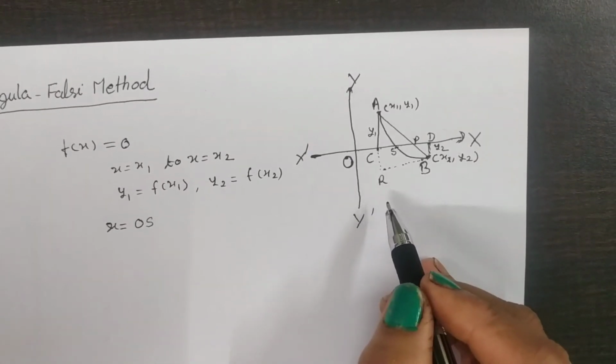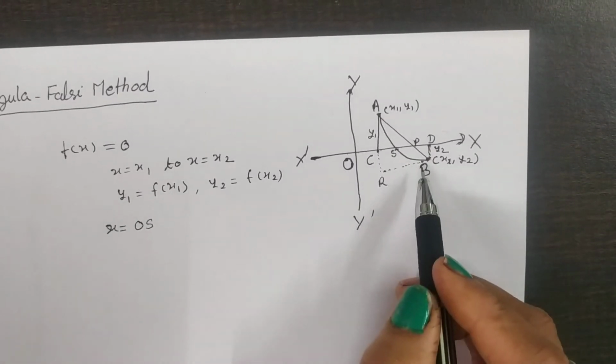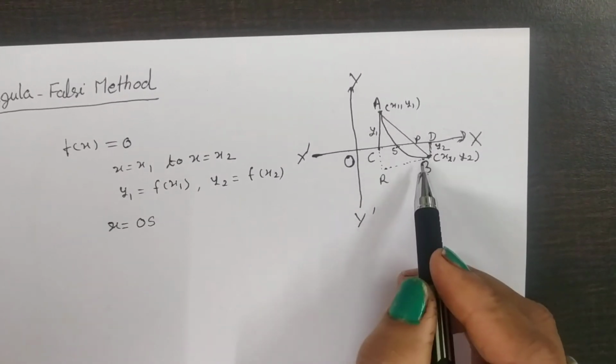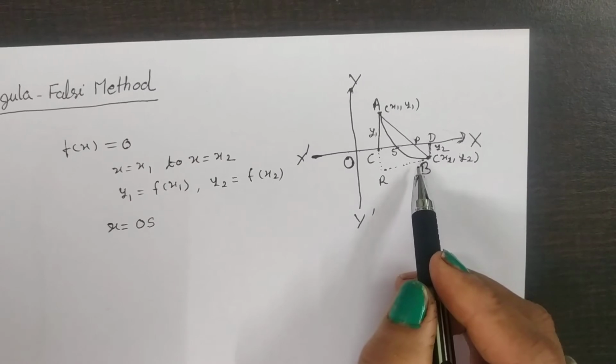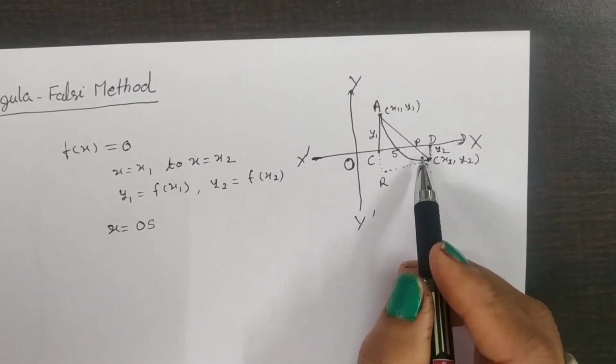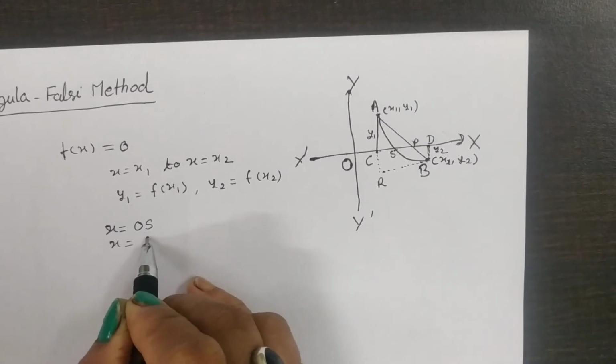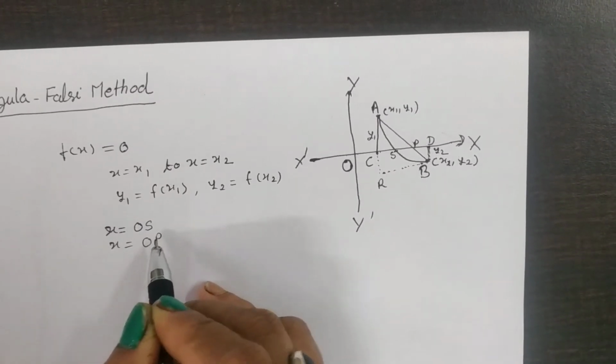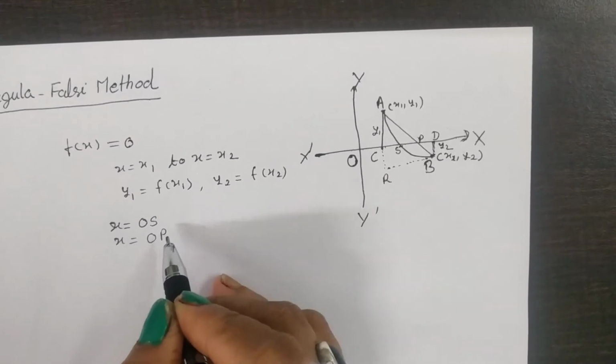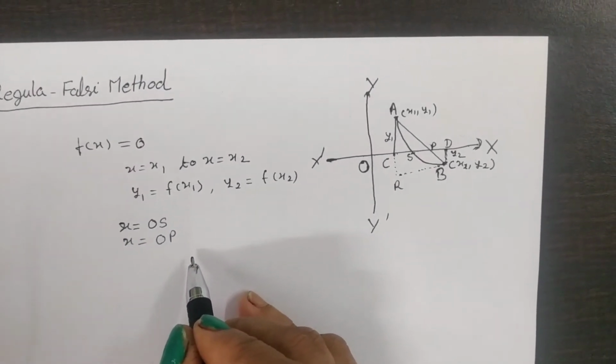Now we replace the curve AB by the chord AB in the interval CD. Thus x = OP is the approximate value of the root.